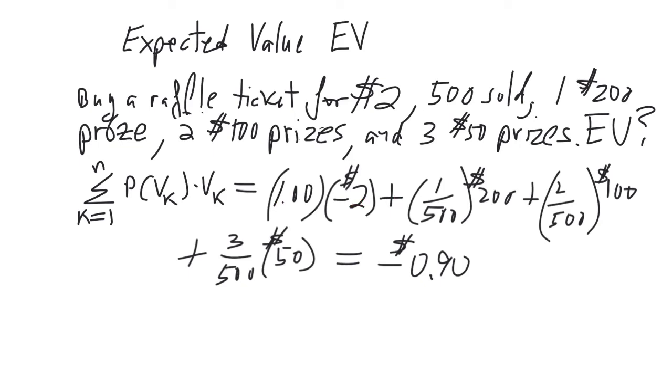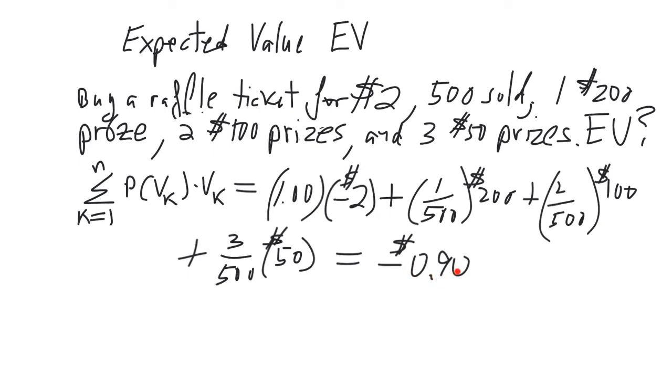In addition to that, you have a 1 out of 500 chance of winning 200, 2 out of 500 chance of winning 100, and 3 out of 500 chance of getting a $50 prize back. So if we add all those together, your probability as a decimal or a fraction times your value, sum them all up, and we get negative 0.9.